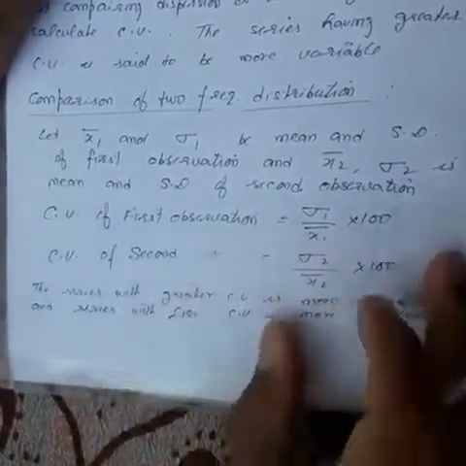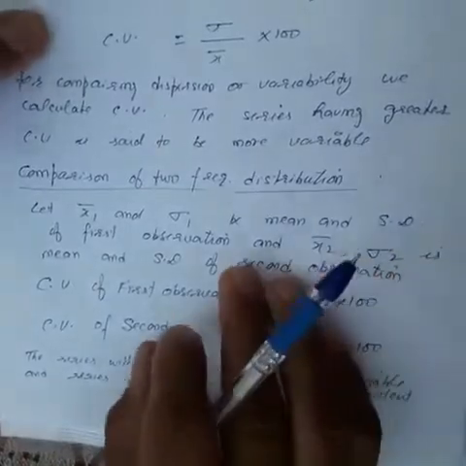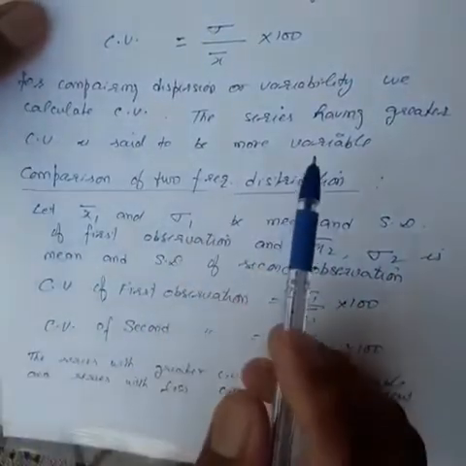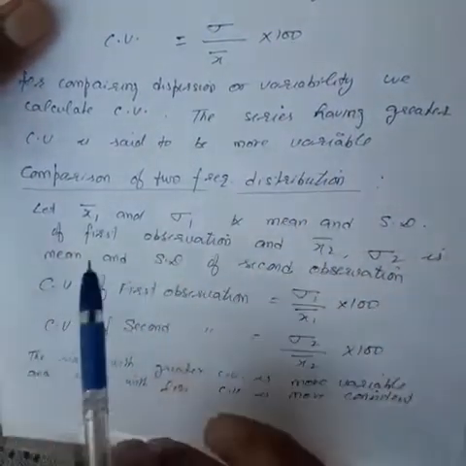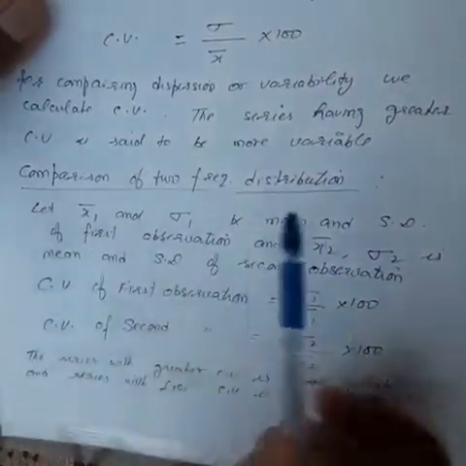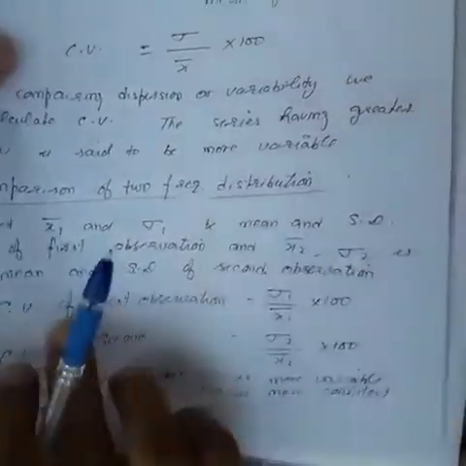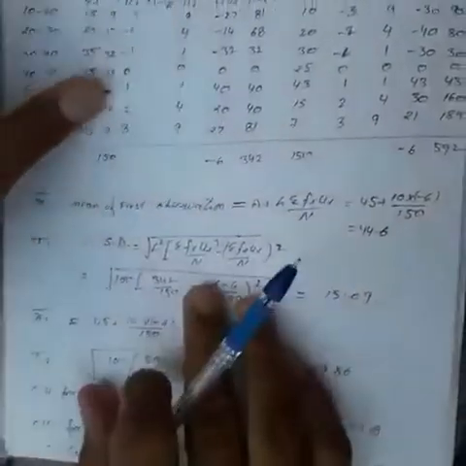So coefficient of variance is used to compare variability. More coefficient of variance means more variable, and less coefficient of variance means more consistent. Now you will understand this with the help of a question.